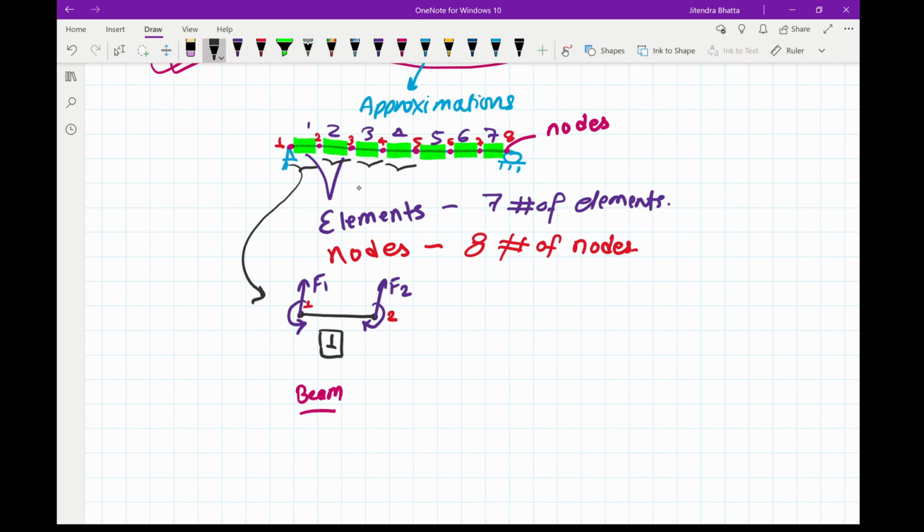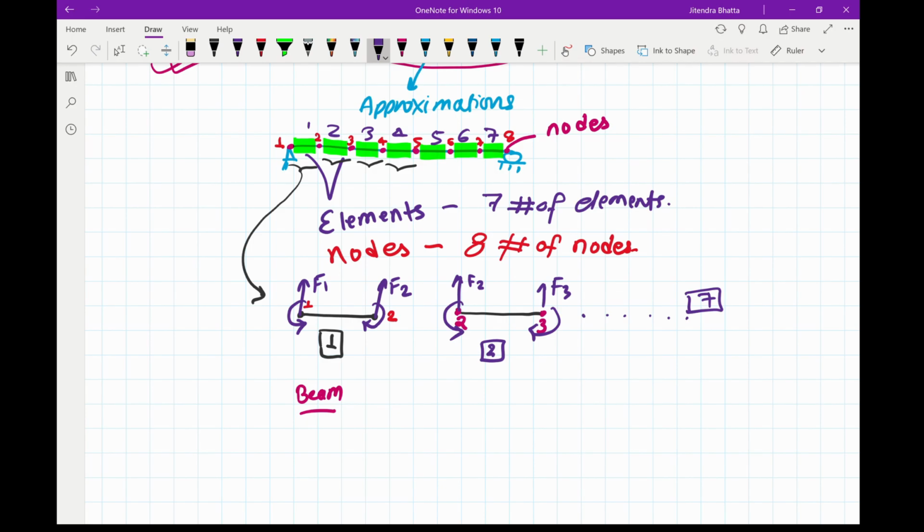Again, you take another element which is element number 2 like this, and then this will be your node number 2, this will be your node number 3, and then you also solve for your forces and your moments for element number 2. Similarly, you solve for all of your elements and then you reach element number 7 at the end.